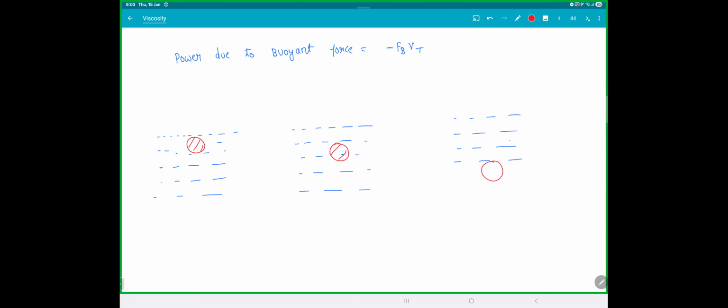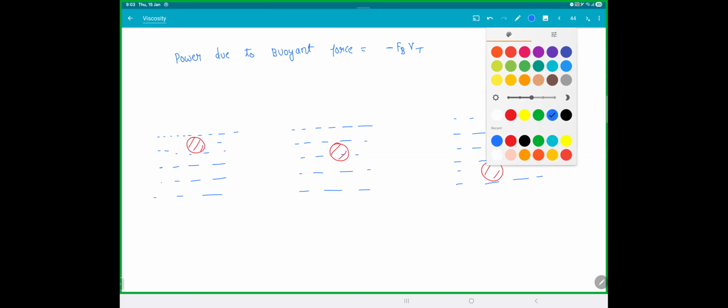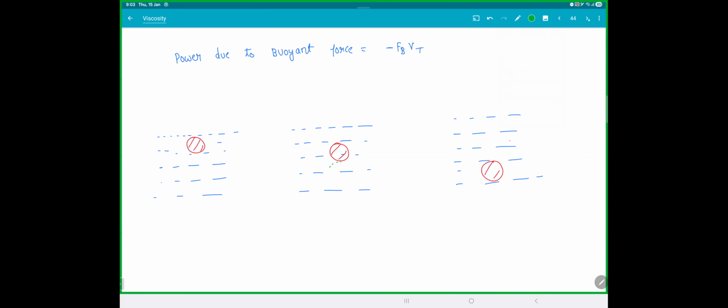Now the ball is here. So what is happening is every time the ball sinks, the water in front of it goes here and the ball comes down here. The water in front of it goes here and the ball comes here. So you can clearly see the liquid is continuously going up. So to understand better, let me show you the FBD of the liquid only.